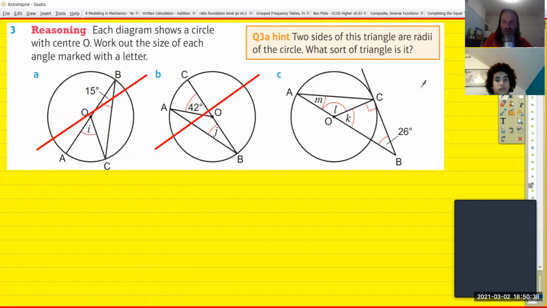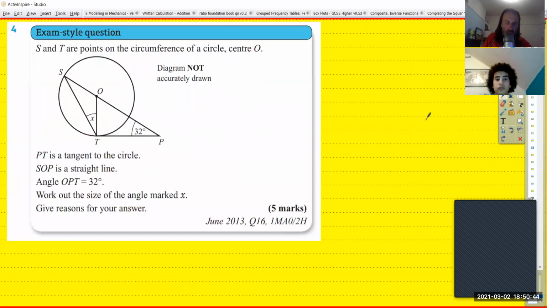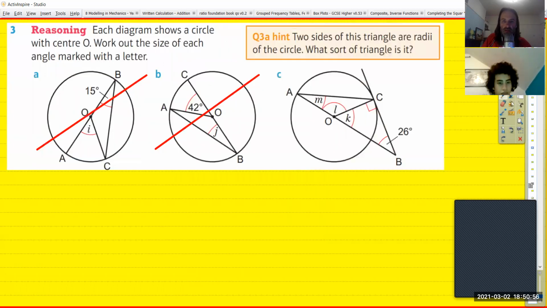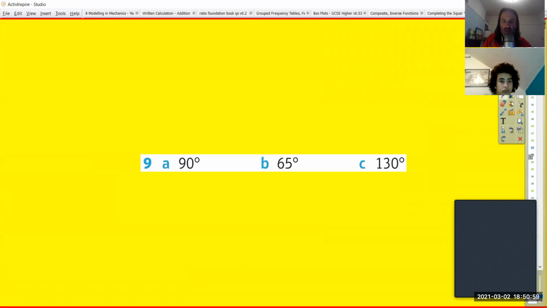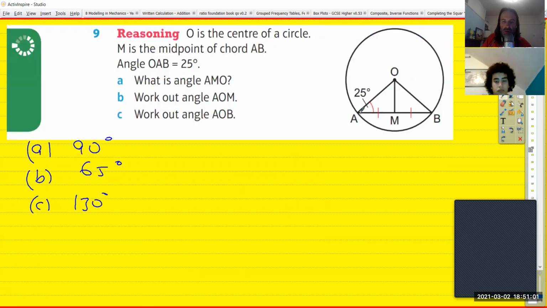Let's try this one. What does tangent mean? So let's go back a second. This is a chord because it goes through the circle at 2 points.